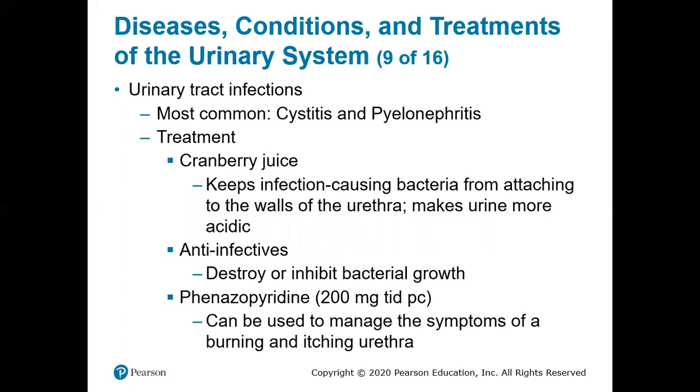Treatment includes cranberry juice, which keeps infection-causing bacteria from attaching to the walls of the urethra and makes urine more acidic. Anti-infectives that destroy or inhibit bacterial growth, and phenazopyridine, 200 milligrams, 3 times a day after meals, can be used to manage the symptoms of a burning and itching urethra.